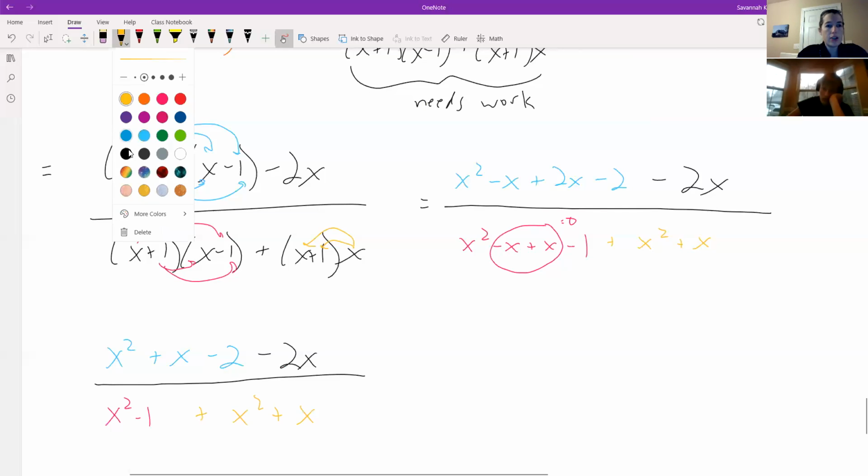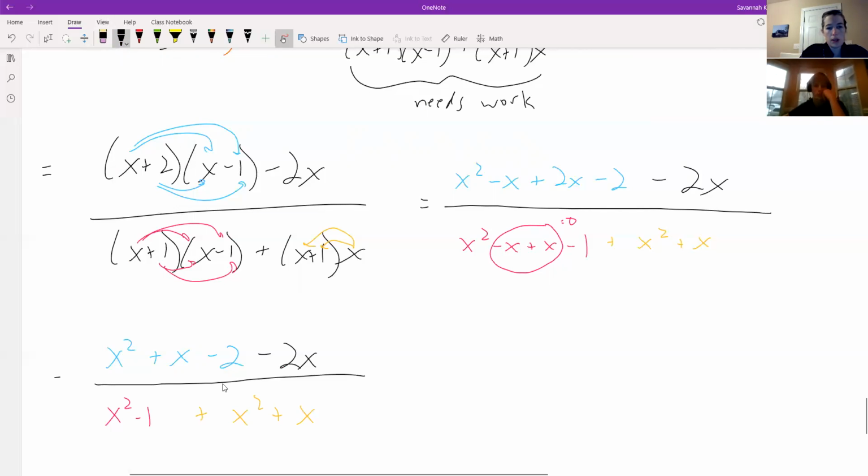Okay, at this stage, I think I'm about ready to be done with colors because I want to look at the numerator as a whole, the denominator as a whole, and I want to see, are there any lingering like terms? So what used to be the blue x squared here, it's all by itself, no like terms. But there are a couple of x to the firsts. So they're going to come together as a negative 1x.